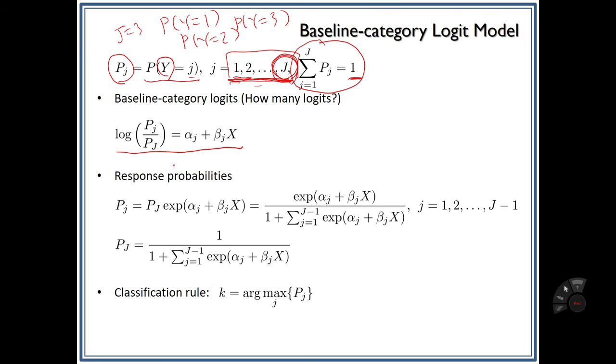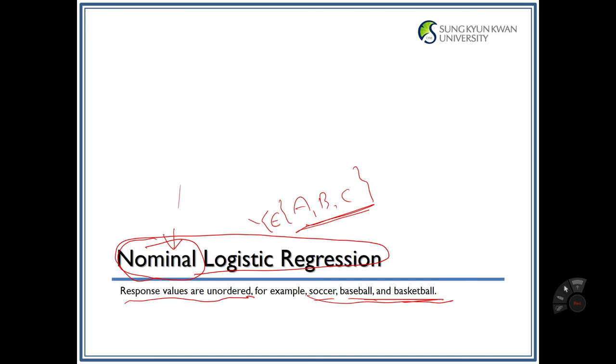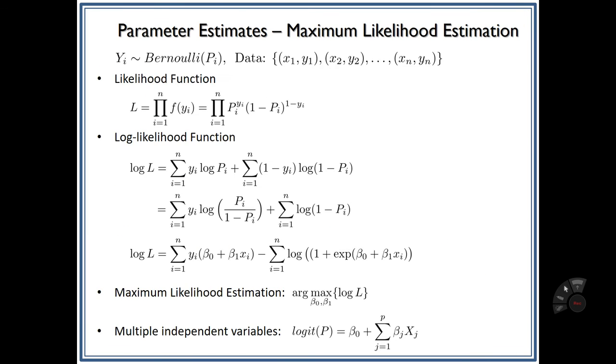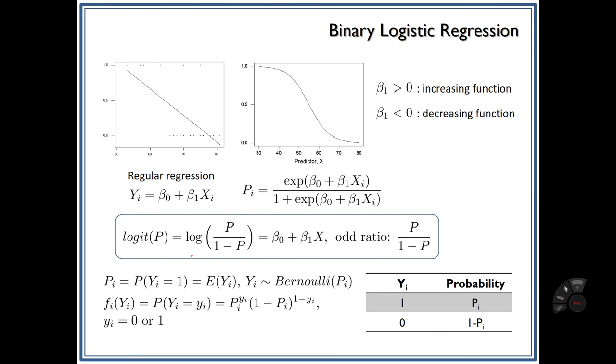Then, just like the binary logistic regression case, we use this logit model. Isn't it quite similar to this formula? I forgot to mention that this part, p over 1 minus p, is called the odds ratio. If those two values are the same, then the odds ratio is 1, which means that this log value becomes 0.